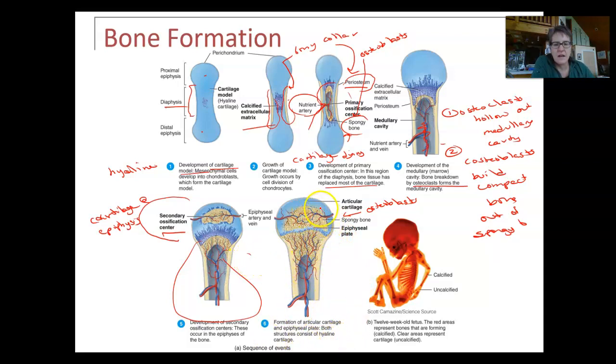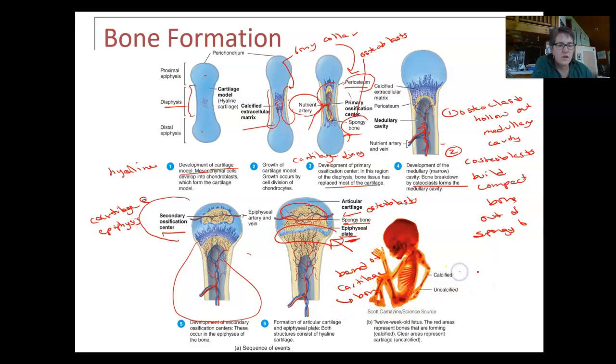What I have is I will have spongy bone in this epiphysis. Am I done? Yeah, I'm done, because the epiphysis is spongy bone. So it gets to stay that way. And then I leave in the metaphysis a band of cartilage. Okay, this band of cartilage is my epiphyseal plate.